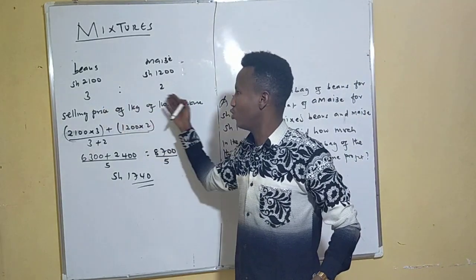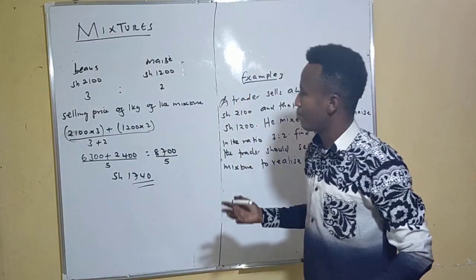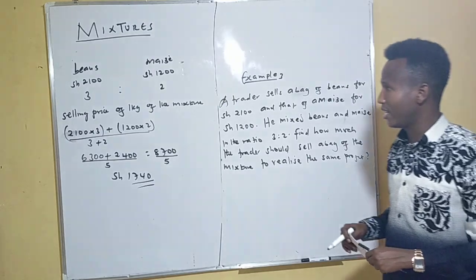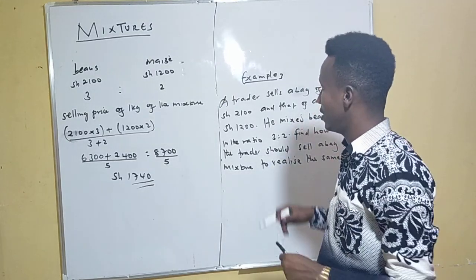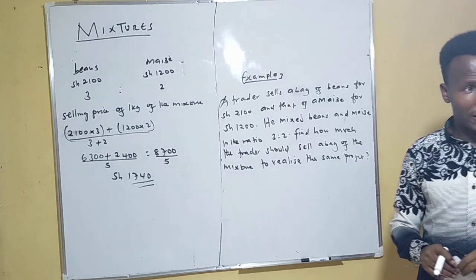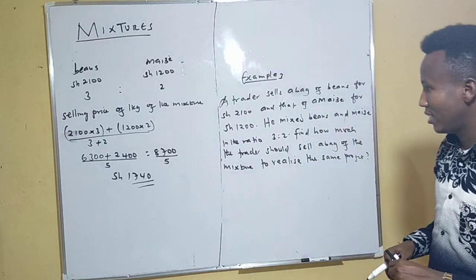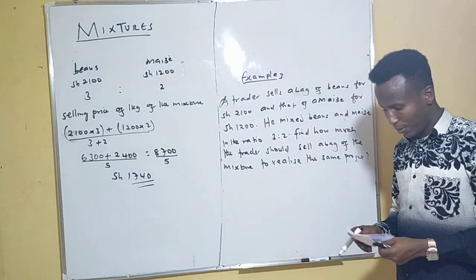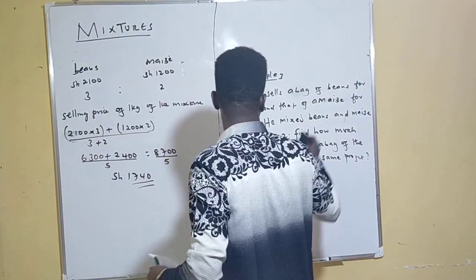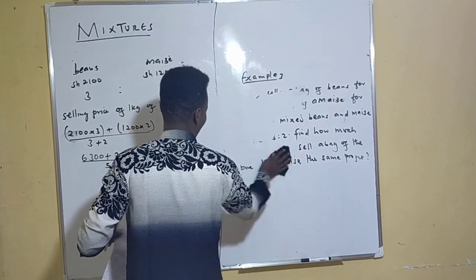The ratio is 3:2. So to get the selling price of 1 kg of the mixture, we follow the same procedure: 2,100 times 3 in the bracket plus 1,200 times 2 in the bracket, total divided by the sum of the ratio. That is how you get the selling price of 1 kg of the mixture, guys. Let's proceed ahead and see example 4.